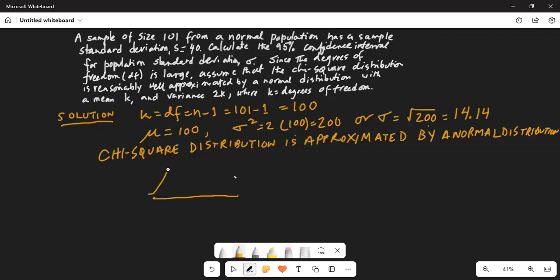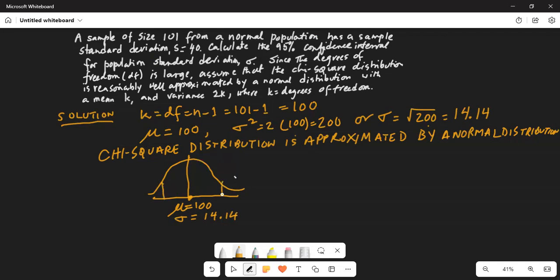So this is your bell-shaped distribution, approximately. And your mean, where the peak is the highest on the horizontal baseline, is mu equal to 100, and the standard deviation, or average deviation of the numbers in this distribution from the mean, sigma is 14.14.